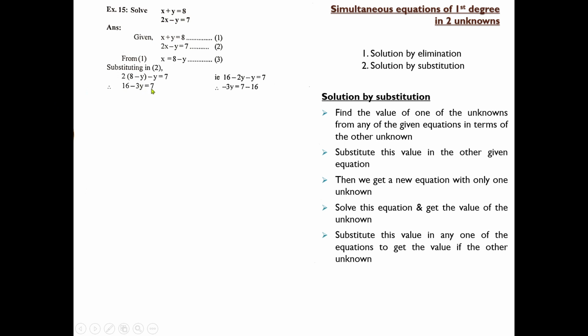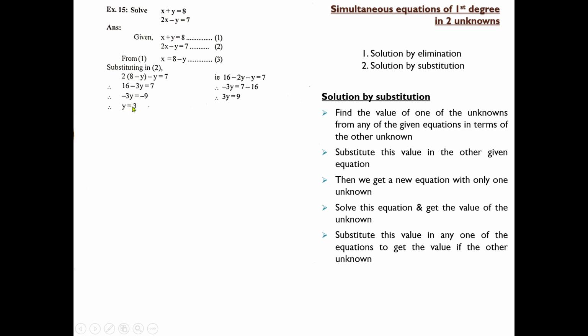As per the basics of equations, you need to shift all the known values, meaning any numbers, to the right side of the equal sign, and all the unknown variables should be on the left hand side. So it will be minus 3y equal to 7 minus 16. By solving that, you will get minus 3y equal to minus 9, that is 3y equal to 9. Finally y equal to 3.